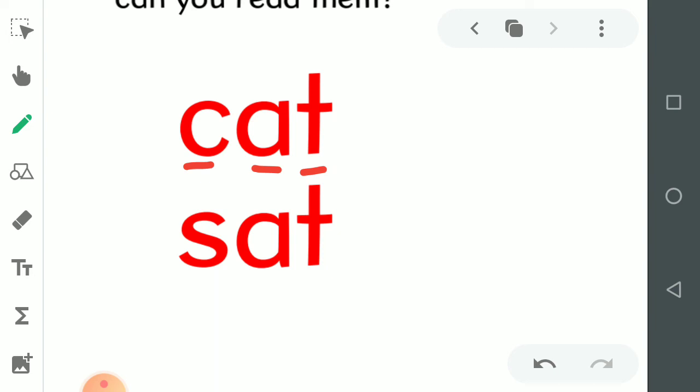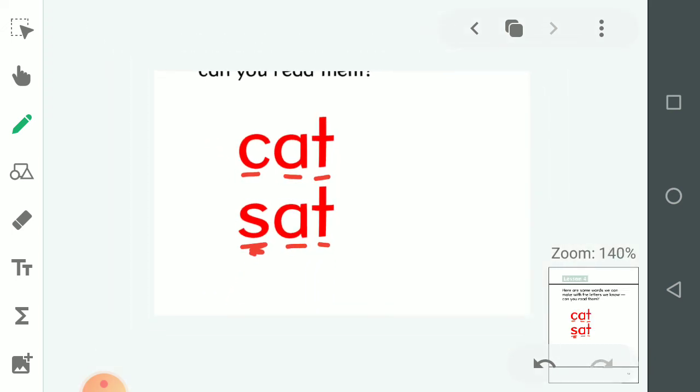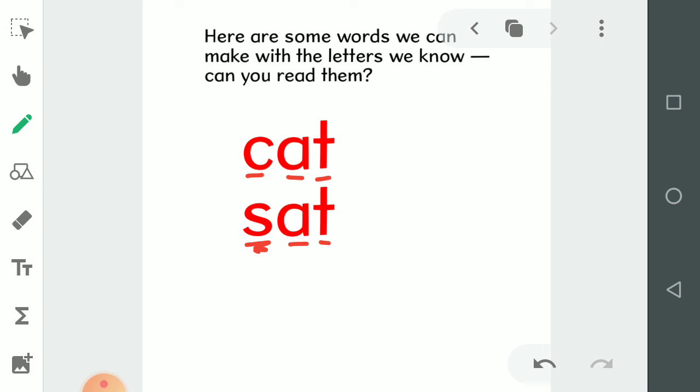Let's read this second word with our new sound. What is this sound? That is set.